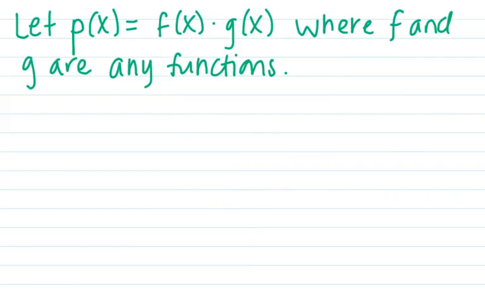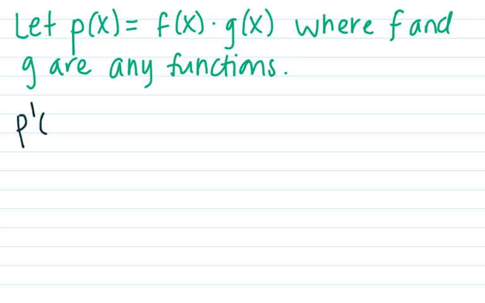So we're going to create our own function p of x, as in product, which represents the product of two other functions. And we're going to try this approach with the original limit definition of the derivative.